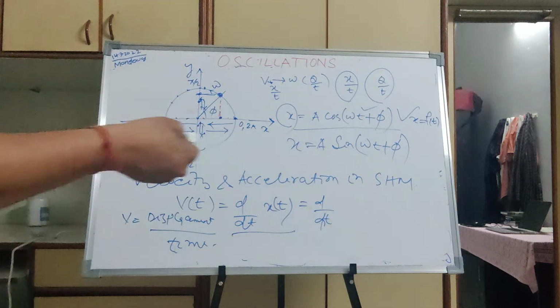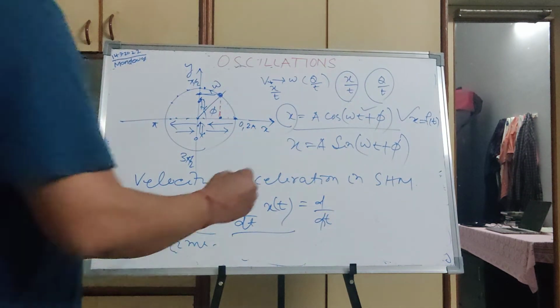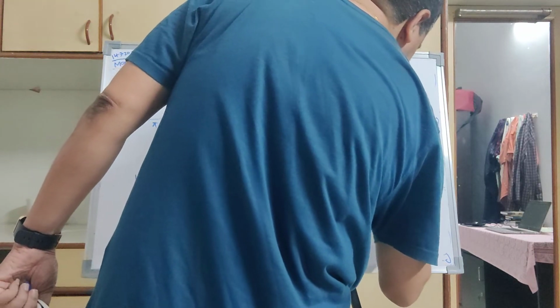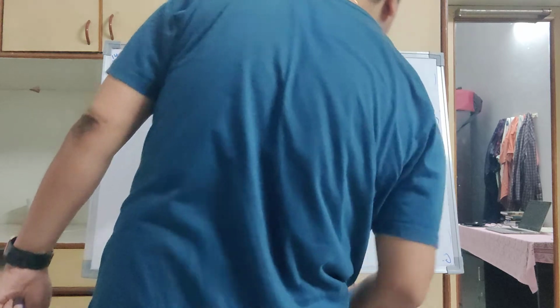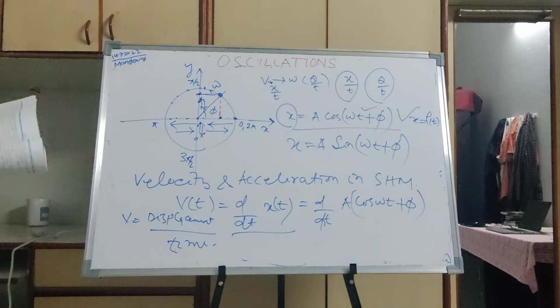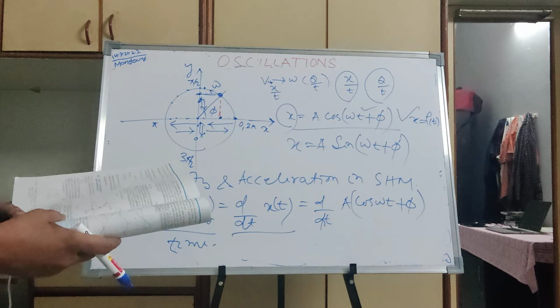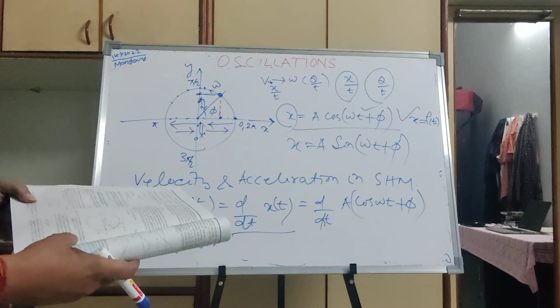Okay, so you can derive it with respect to t. Here it is a cos omega t plus phi.